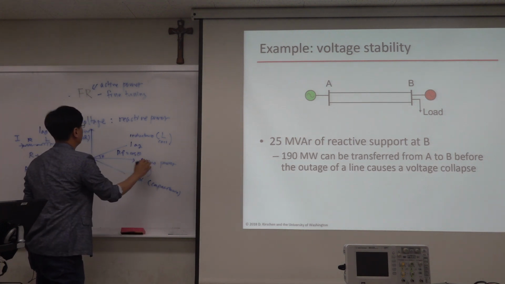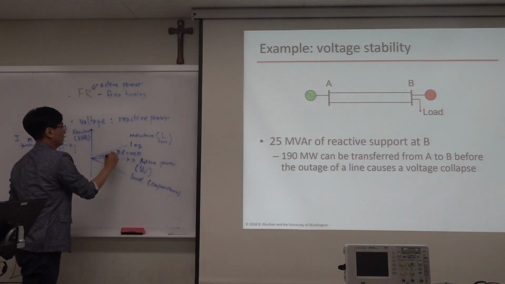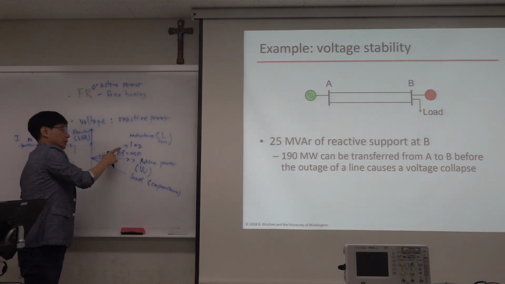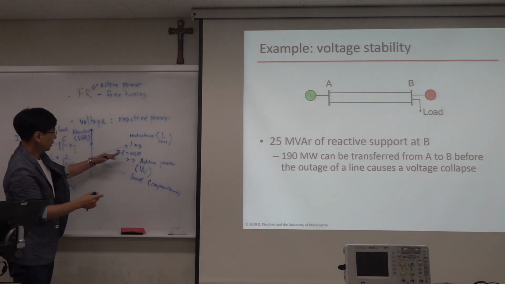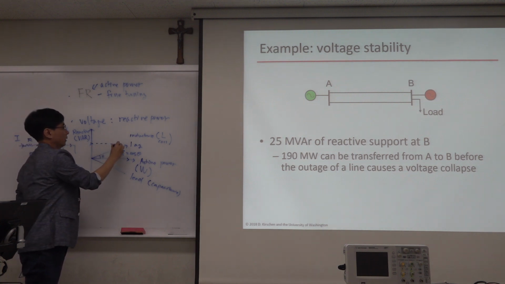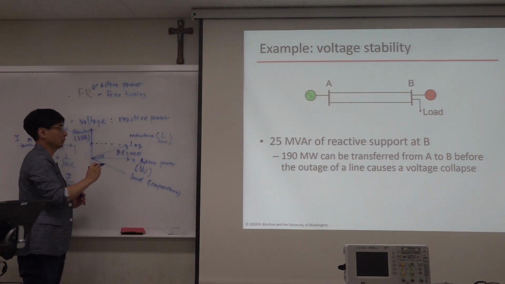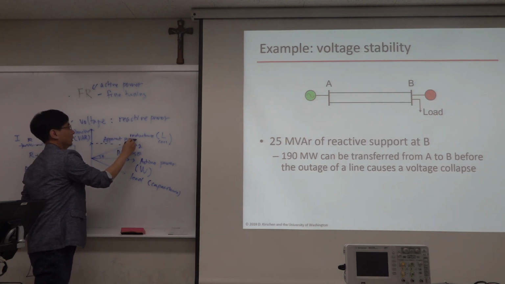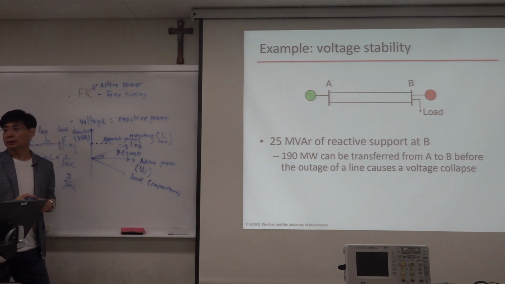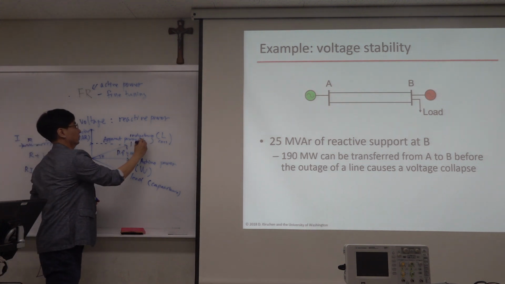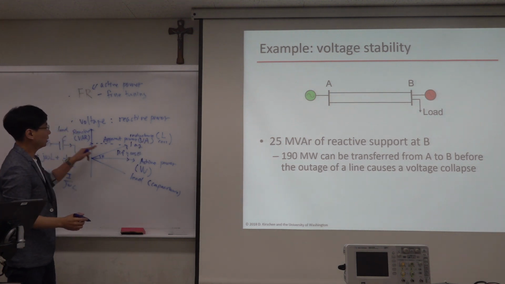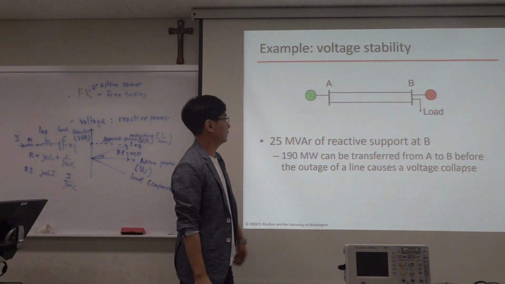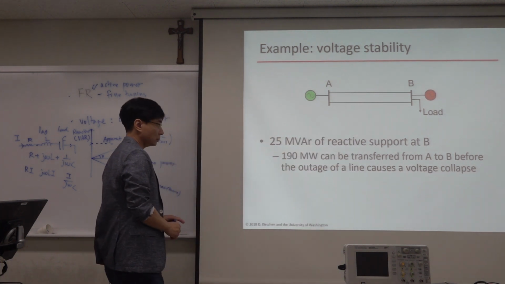Active power, reactive power, and what is it? What is the name of this? Active power, reactive power, and apparent power. And the unit of apparent power is what? VA. Yes, just VA. What? VAR? VA.